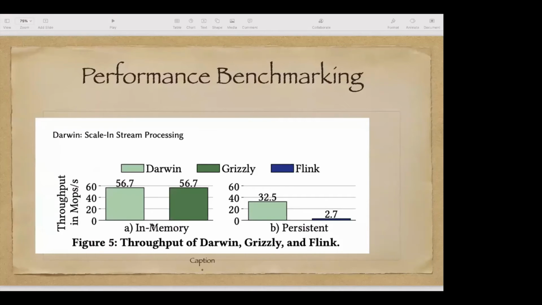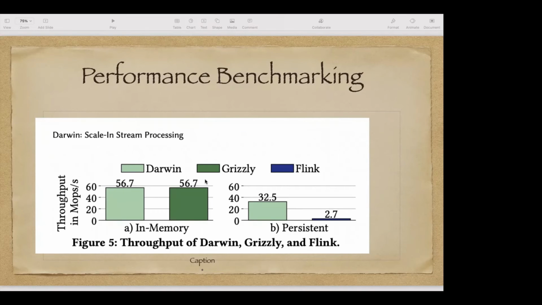One is for in-memory, where they have compared with Grizzly, which is another scale-up system as mentioned earlier. For in-memory, both Darwin and Grizzly show the same throughput, similar performance.